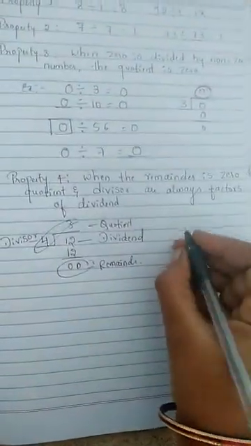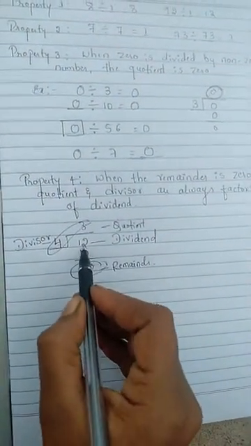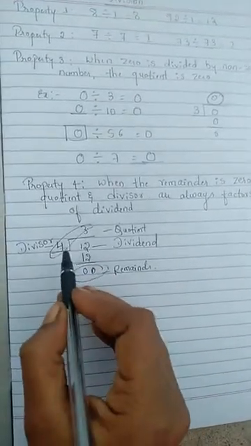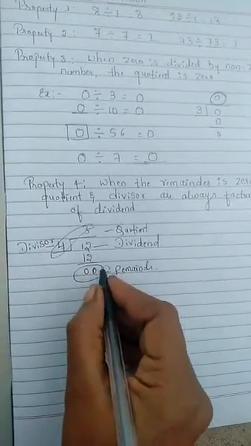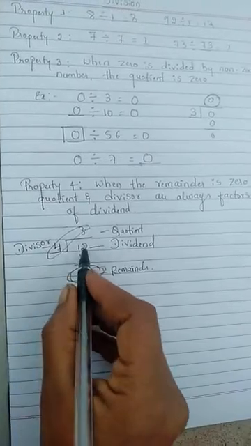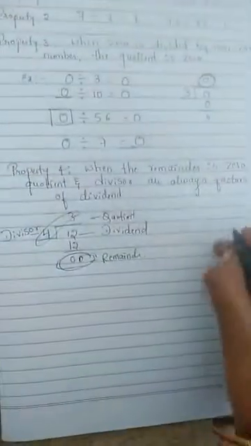Factors means what? This 12 can be divided by both 4 and 3 completely. If you divide by 4, you get the remainder 0. That means 4 can easily divide 12 completely into 3 parts.